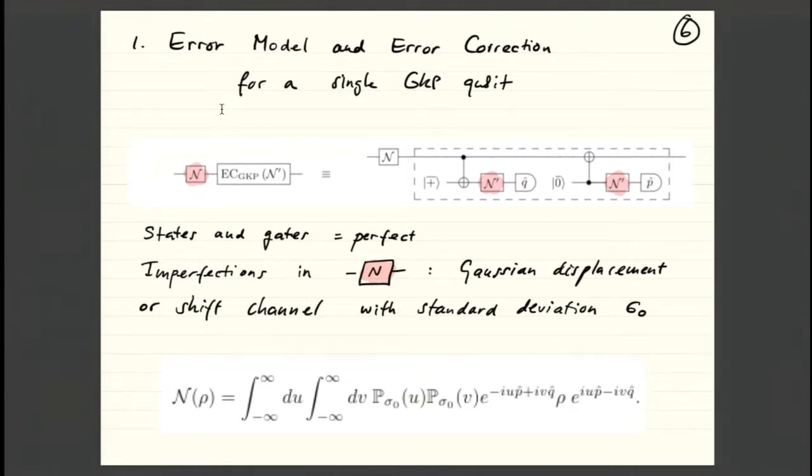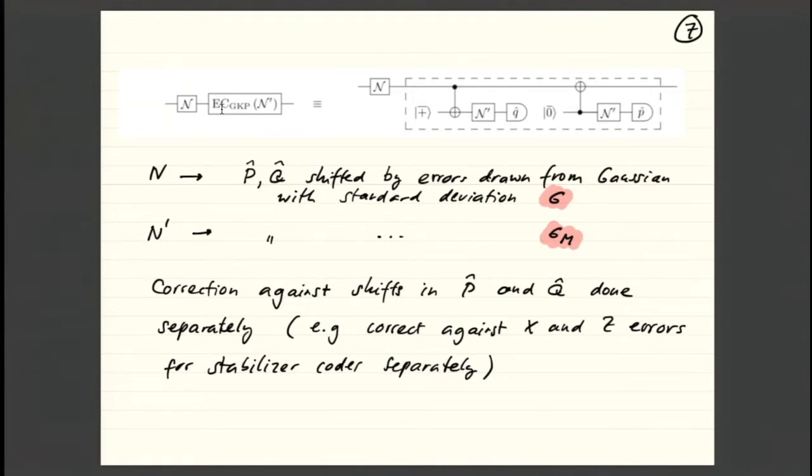Okay, so that's one round of QEC, but that actually corrects for shift errors in both quadratures, both shifts in P and Q. But we would just like to focus on one type of shift, like the shifts in P, because the error correction for the other shifts is the same and independent, so we ignore this.